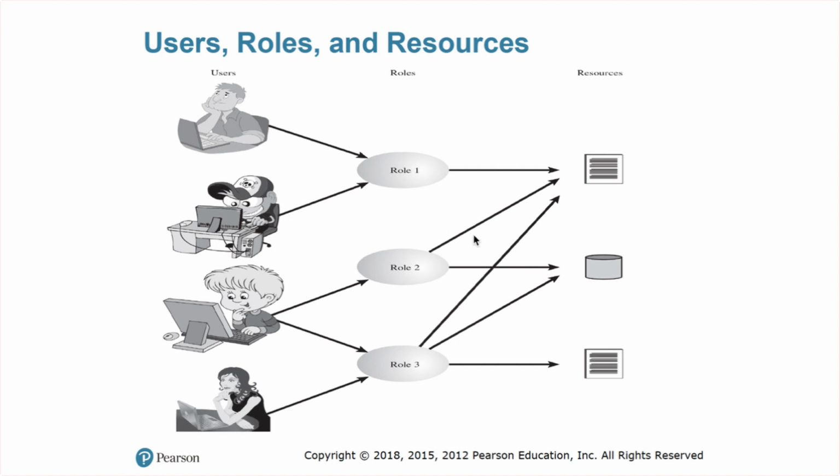Here we see that there are users, roles, and resources. The core objective is to regulate access to the resources, and as a result, organizations heavily rely on authentication and authorization mechanisms based on login credentials.